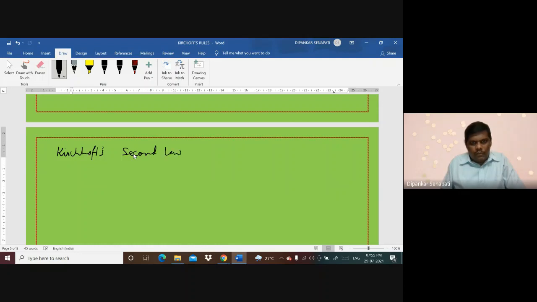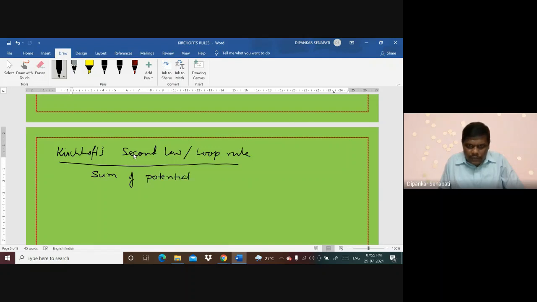Second law, or loop rule. So what does this loop rule say? That the sum of potential changes in a closed loop, in a closed circuit, a closed path of current, is 0.